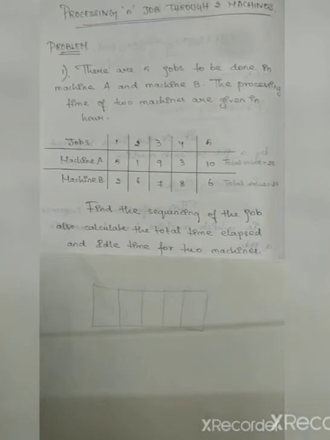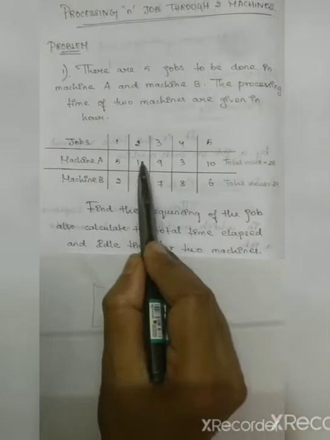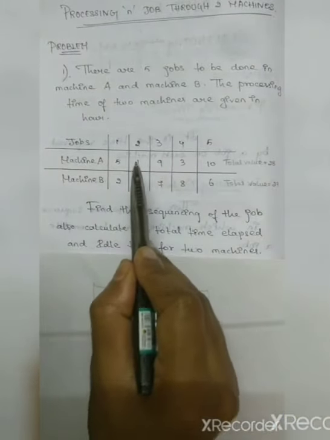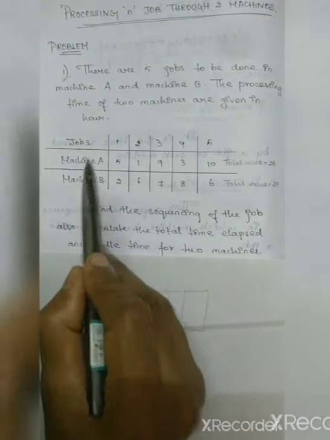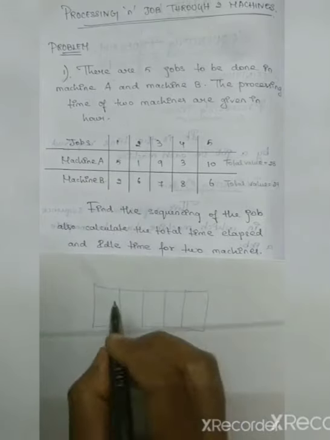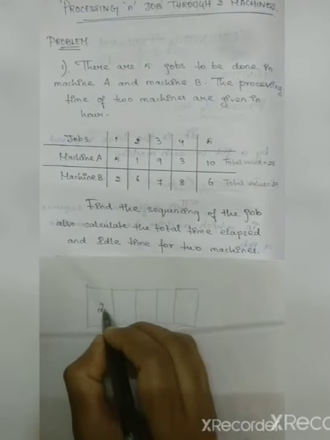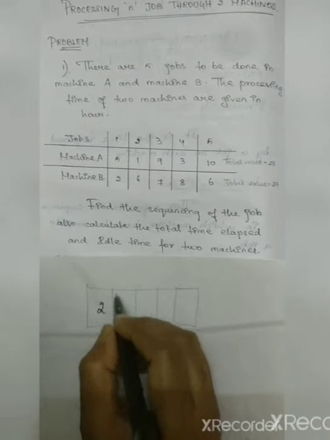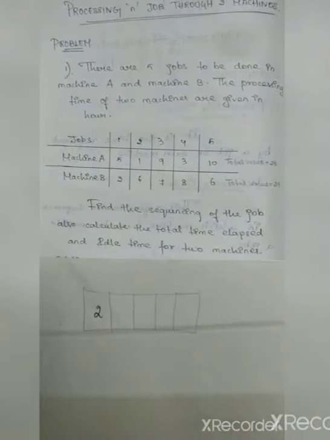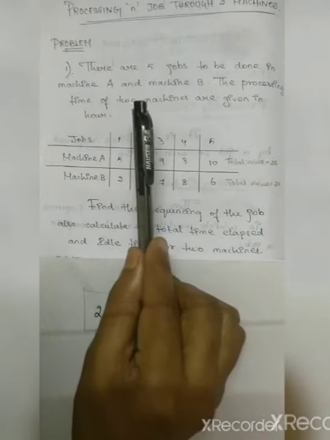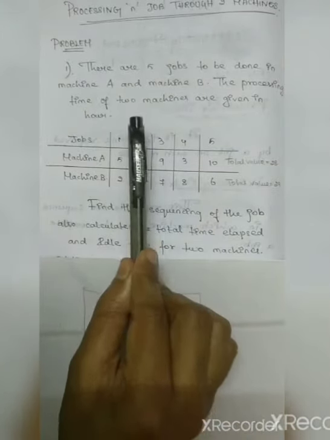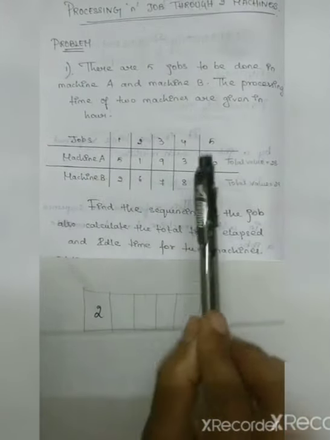So the first one, the least processing time, is 1. This 1 belongs to machine A, so job 2 you have to write on the left side of the box. Then you have to cancel that machine, and then it will be clear. For the next one, job 2 is already assigned, so now we have to consider 1, 3, 4, 5.